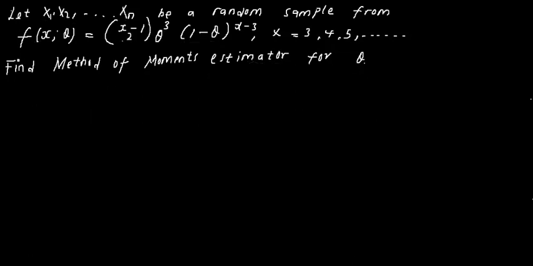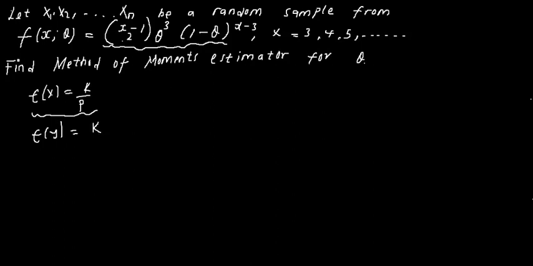Let's say this time around, you can't remember the expected value of this form of the negative binomial. So let's say you can't remember this formula, but what you can remember is, let's say, the expected value of y. So you can remember that the expected value is of that form.